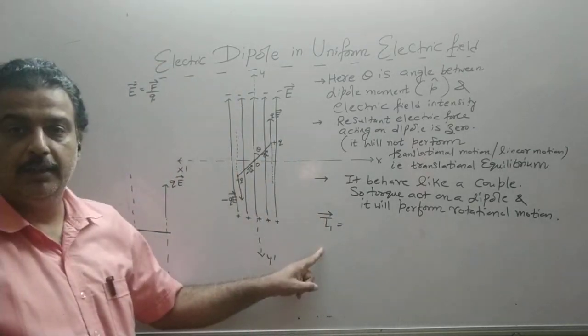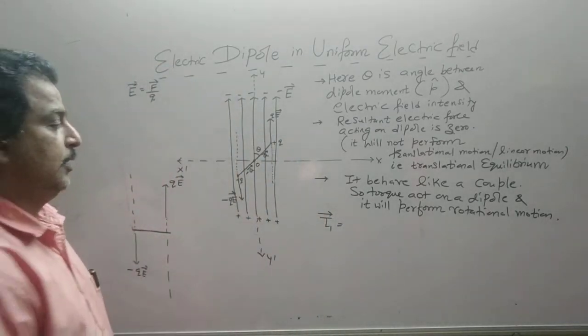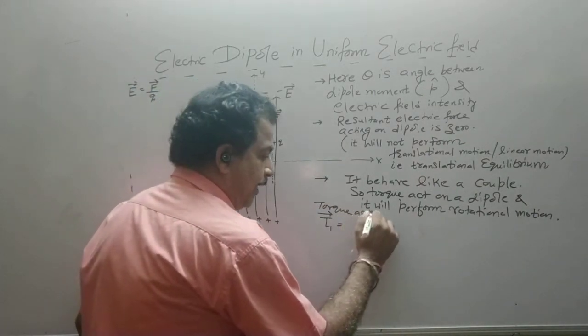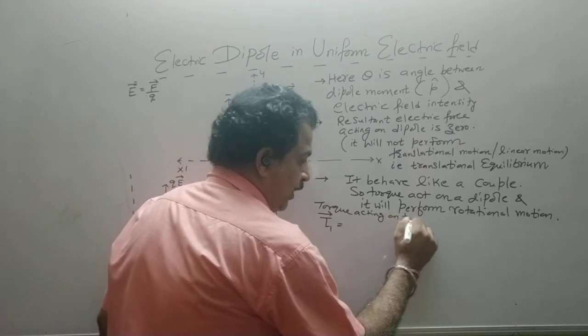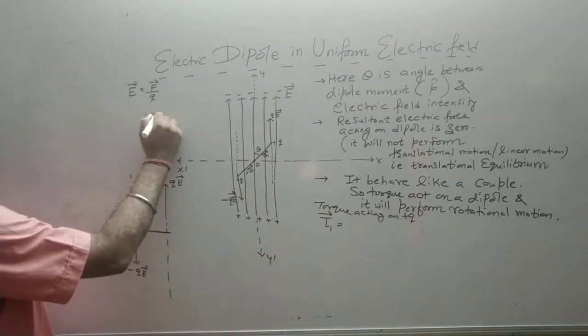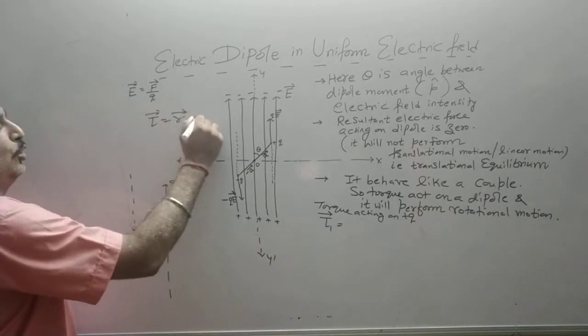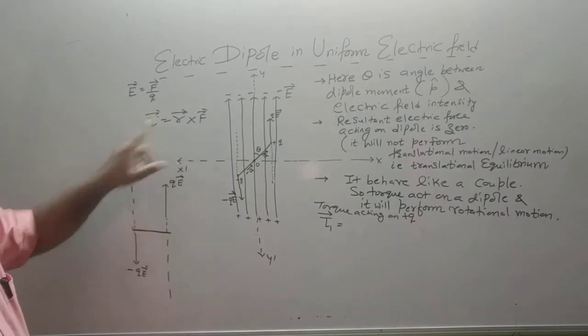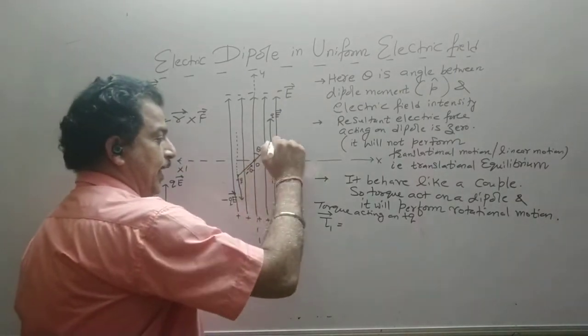So tau 1 will be written as the torque acting on the plus q charge. Now torque formula, if you remember, torque is equal to R cross F. So here instead of R, we have the A vector.